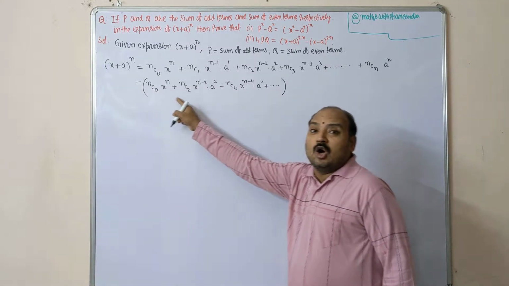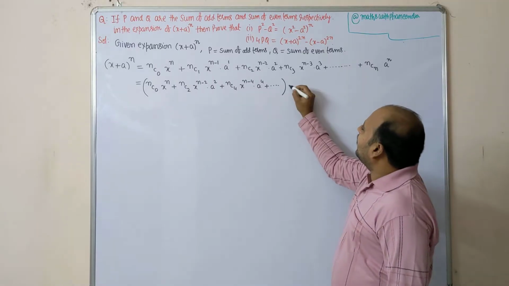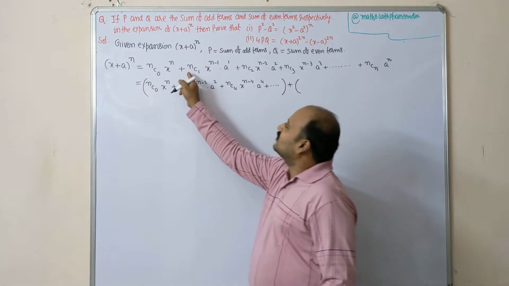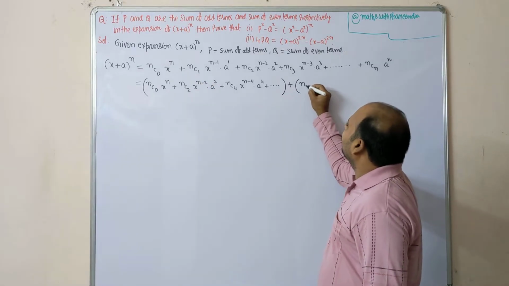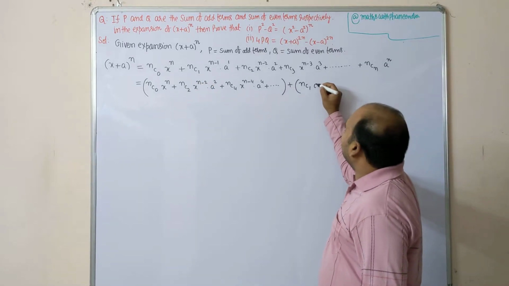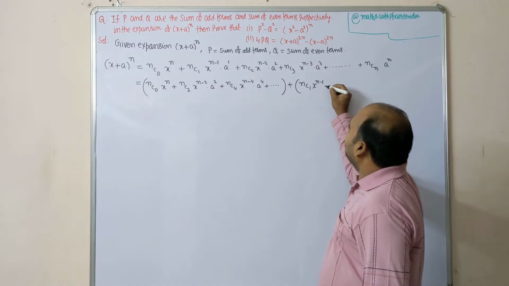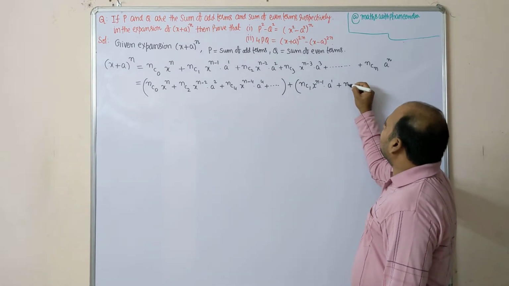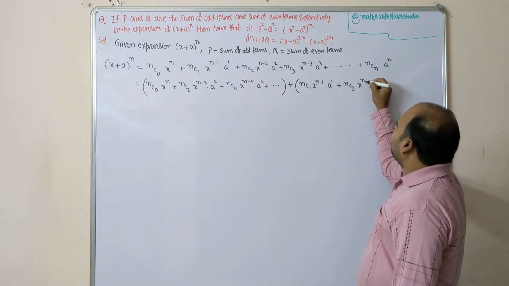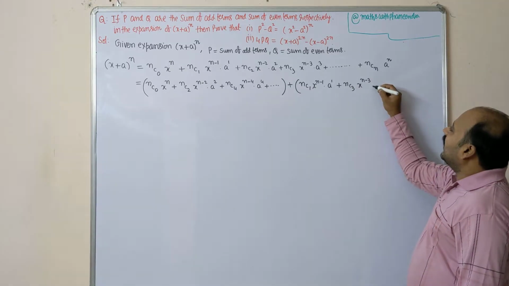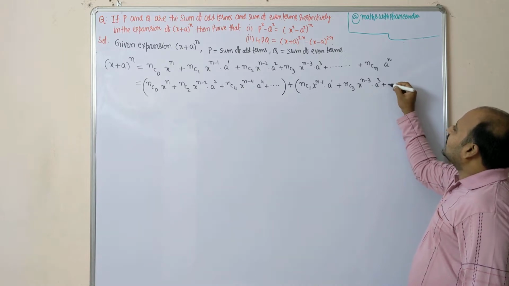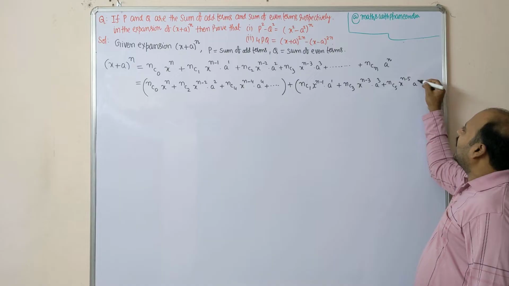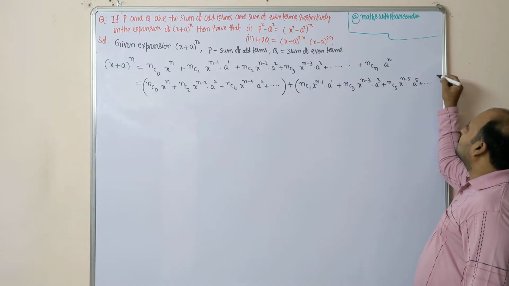That is the sum of the odd terms. Plus the rest of the terms will be even terms only: nC1 x power n minus 1 a power 1, plus nC3 x power n minus 3 a power 3, plus nC5 x power n minus 5 a power 5, plus and so on.